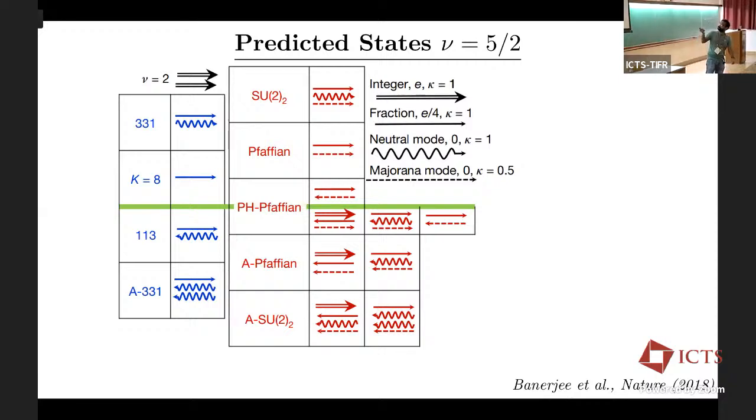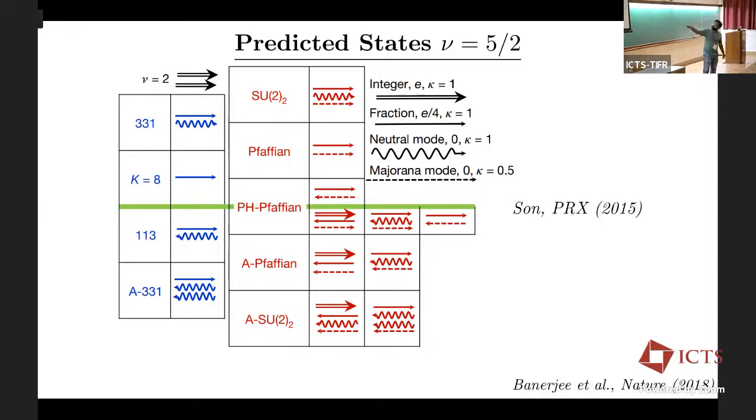This is one of the reasons we want to use this for quantum computing. Okay? And you can see the ones on the top have no counter-propagating modes. The ones in the bottom have counter-propagating modes. These are hole-like states. These are called particle-like states.